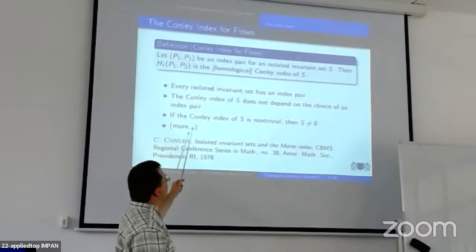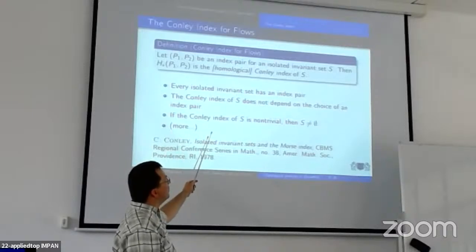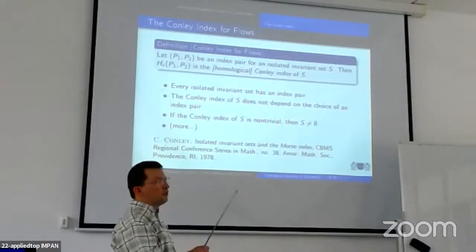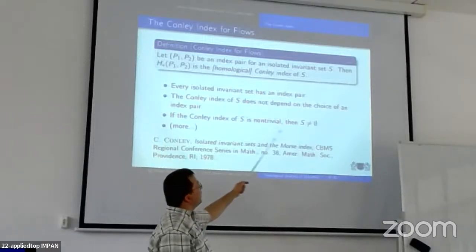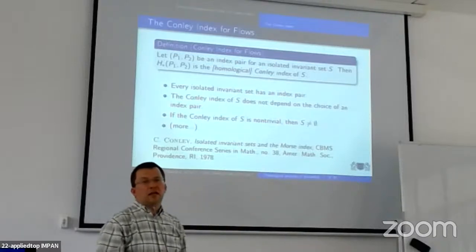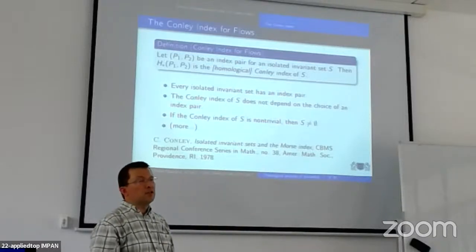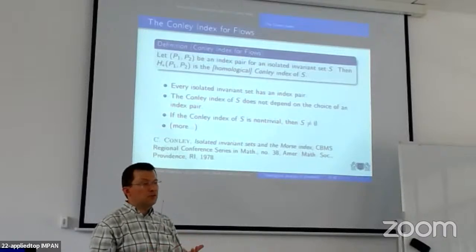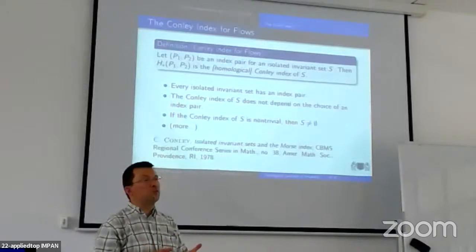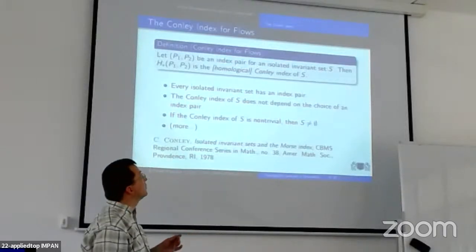And if the Conley index is non-trivial, this means it is not the zero homology, the zero group, then the isolated invariant set must be non-empty. In order to compute the Conley index, you don't need to know precisely the flow, the dynamical system. You can know this with certain accuracy only, with some limited accuracy.